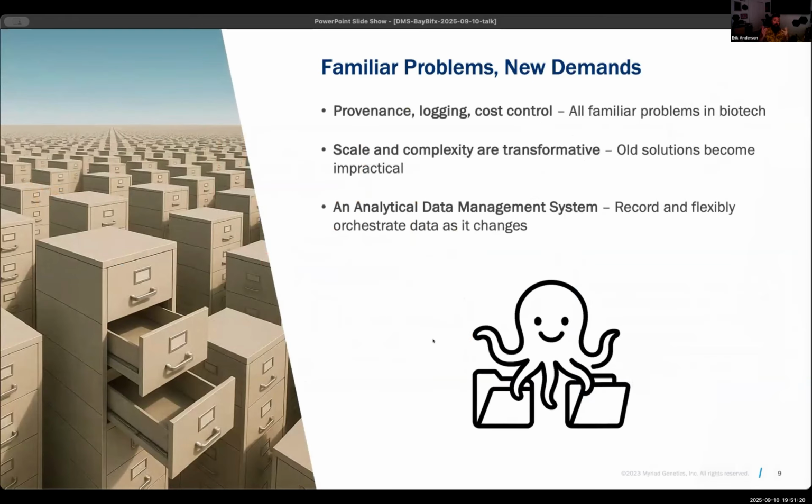Now, working in bioinformatics, the challenges we're tackling with the DMS aren't new. Provenance, auditability, archival and deletion have always been part of the job. What is new is the scale and complexity. As technology matures, our old solutions have started to break down. What worked for thousands or tens of thousands of files doesn't hold for hundreds of millions.